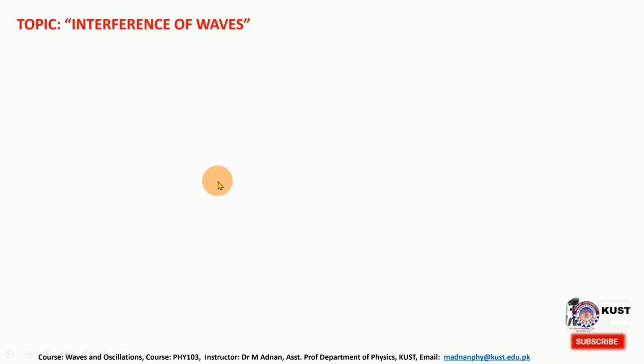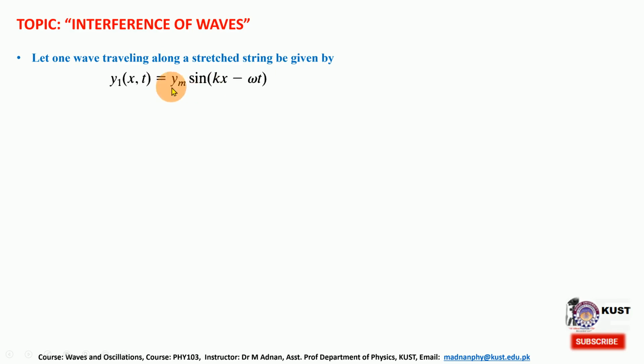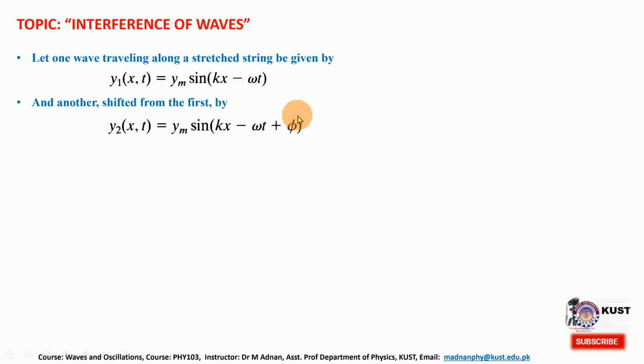Now, to understand this mathematically, let one wave traveling along the string be given by this. That is, the first wave is y1 equal to amplitude ym times sine of kx minus omega t. The second wave is slightly shifted by this angle phi.